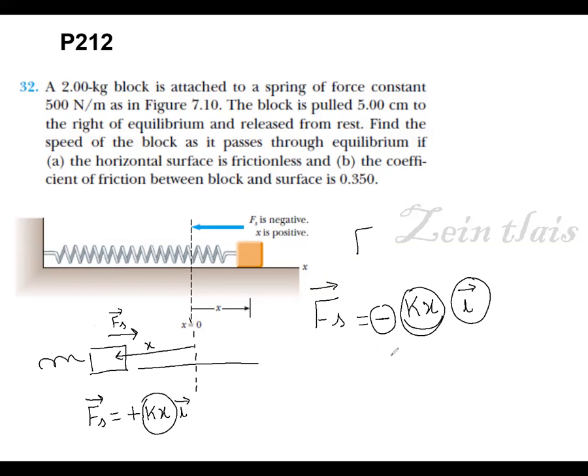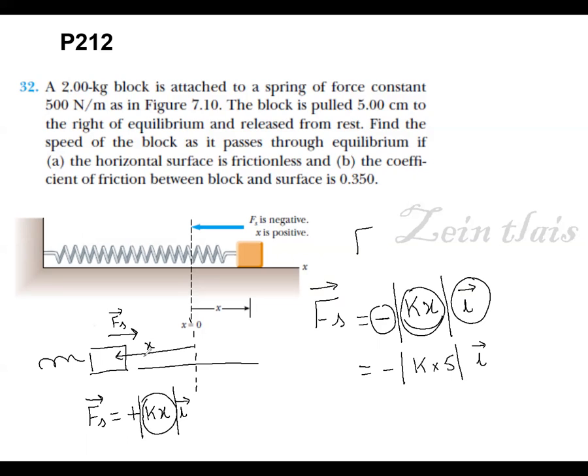In this case, you have to put the value of the magnitude in absolute value. In the first case, x equals 5, so minus k times 5 i, and the result is minus 5ki.